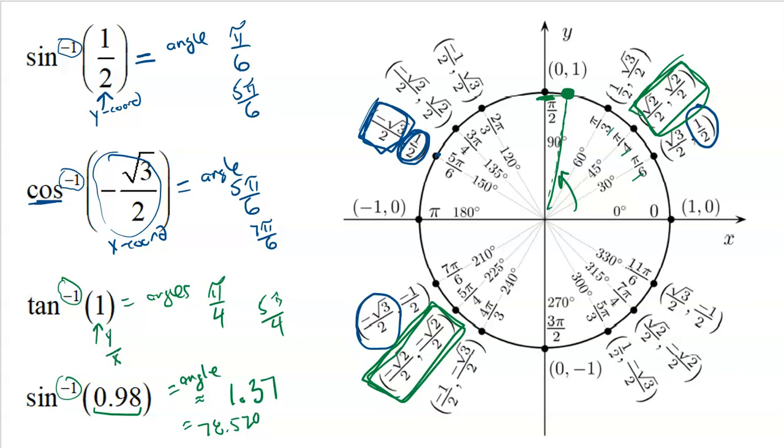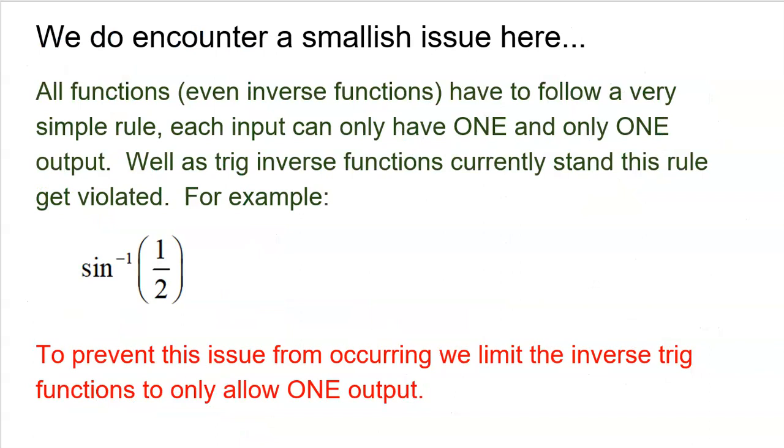Sine, you're given the y-coordinate as the input. Cosine, you're given the x-coordinate as the input. Tangent, you're given the ratio of y divided by x. Now, we do have to address that issue, though, because to be a function, you're only allowed one and only one output. You can't have multiple outputs. So, for example, we just saw inverse sine of 1/2.